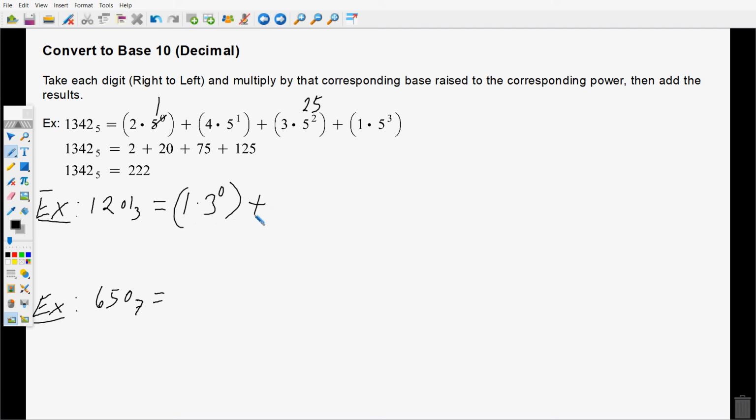And then the next digit to the left, which is 0, will be times 3 to the first. The next digit is a 2, which will be times 3 to the second. And then the next, which is a 1, will be times 3 to the third power.